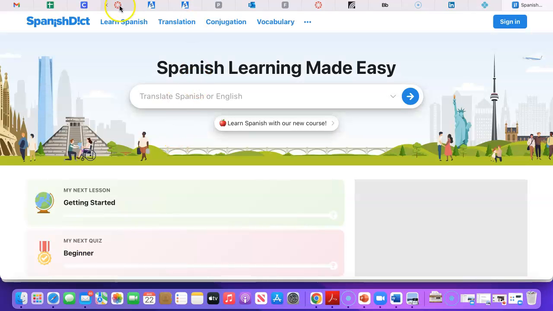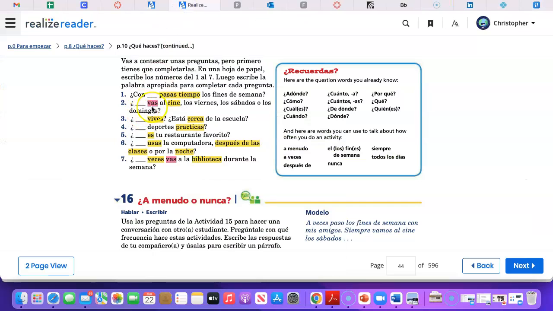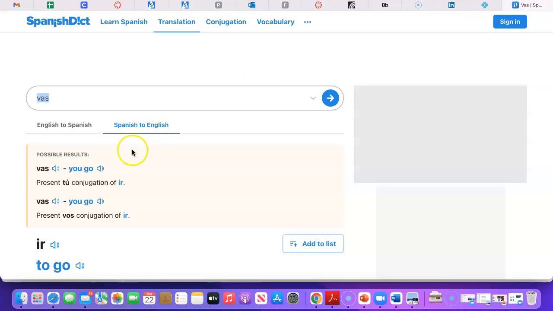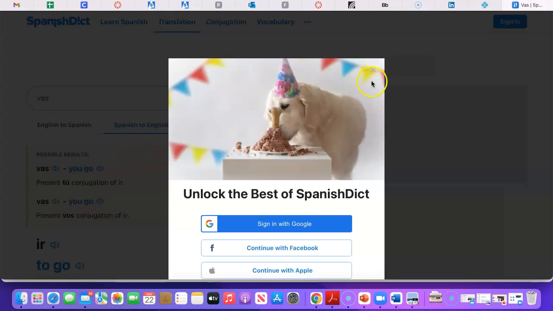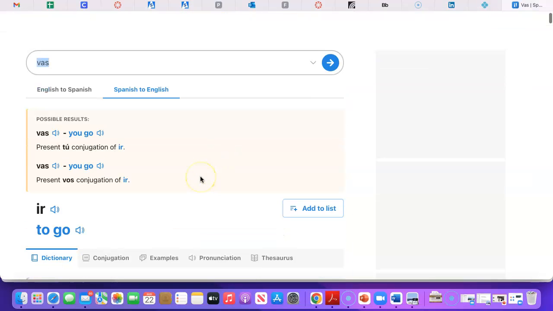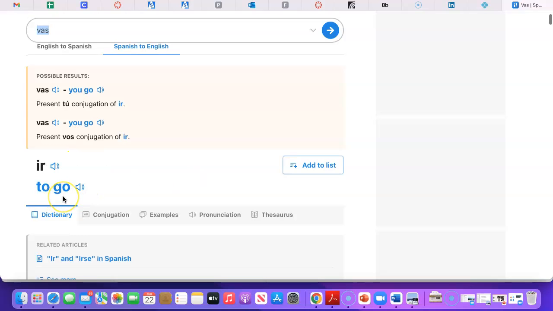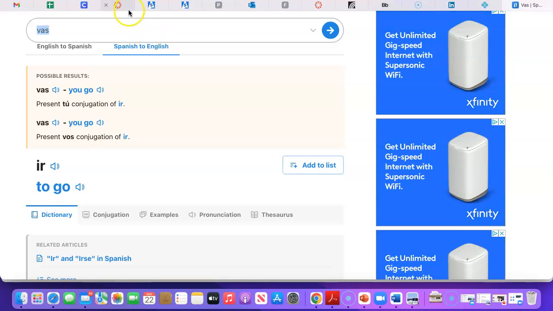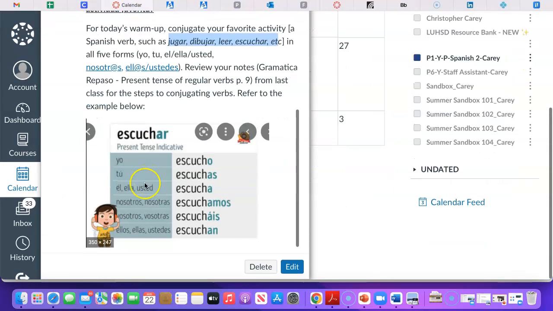So I'm going to put vas exactly the way it shows in Spanish dictionary. And it's going to tell me that it's the verb ir, right? Which is the verb to go. Now, again, ir is irregular. It doesn't follow the steps that we identified last class that we talked about earlier, right?